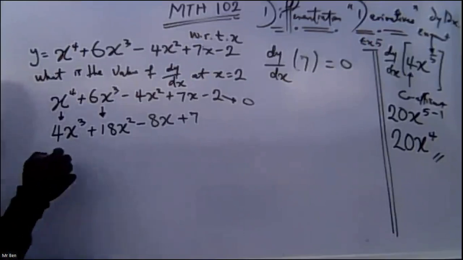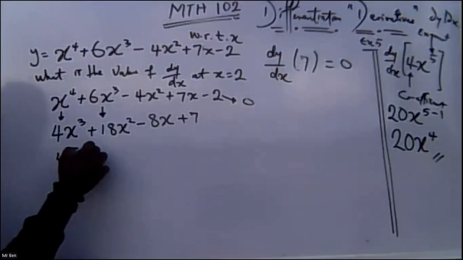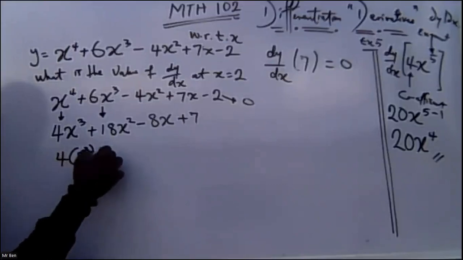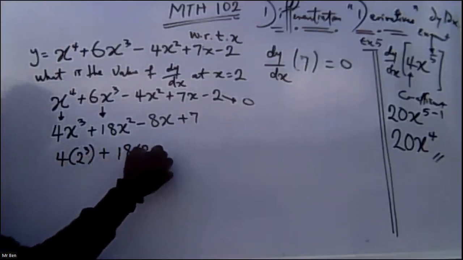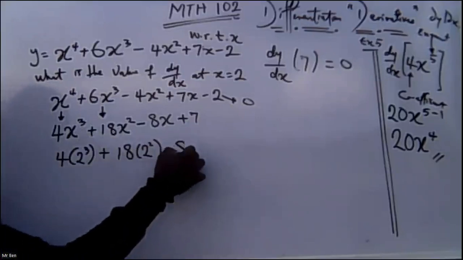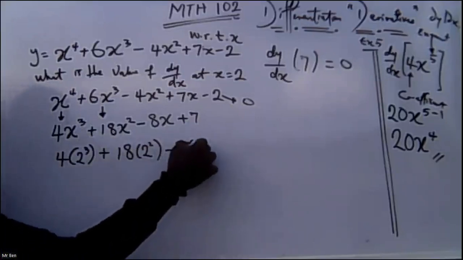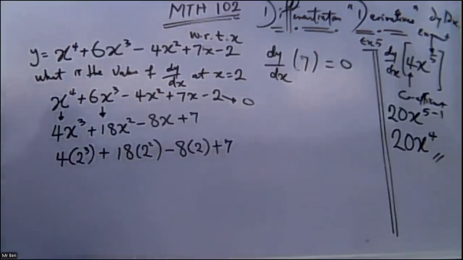All right, that will now be 4 into 2 raised to power 3, plus 18 into 2 raised to power 2, minus 8 into 2, plus 7.